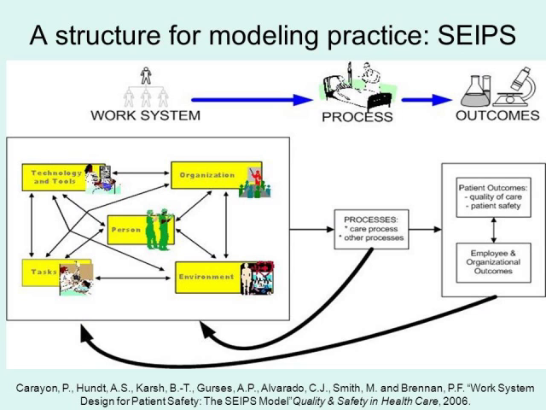We're going to use a structure for modeling practice called SEEPS. SEEPS is a center here on campus for patient safety, the systems engineering applied to patient safety challenges. On the slide in front of you, and this slide is on the website, and you're going to see this several times, you see a box that we call the work system.